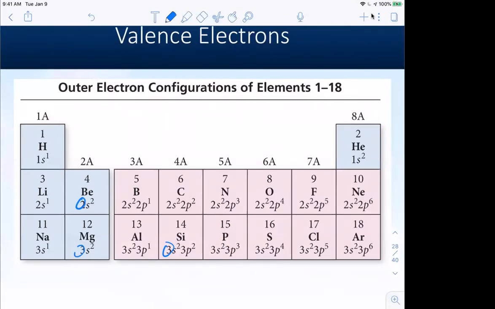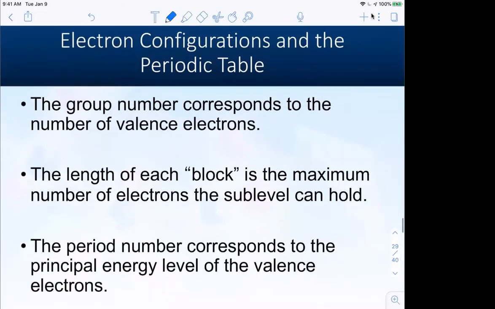In particular, those A elements, group 1A through 8A, which are those representative elements or main group elements, are really important in organic chemistry. So the group number corresponds to the number of valence electrons. The length of each block is the maximum number of electrons the sublevel can hold.